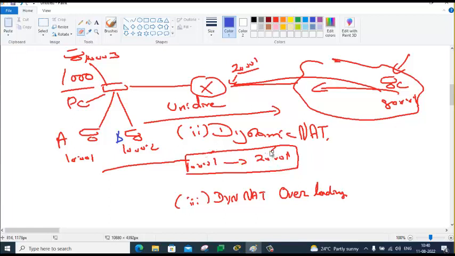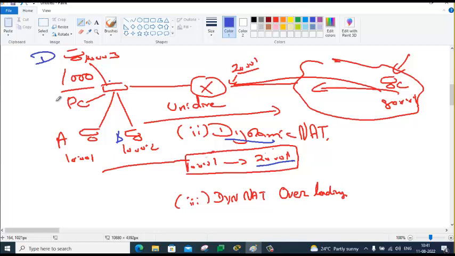When B wants to go online, if 20.0.0.1 is not used by A, then it will be given to B. So no one is holding this address for themselves. It is common. That is why it is called dynamic. It can be used by anyone dynamically. If it is available, A can use it, B can use it, anyone can use it. This D computer also can use it.